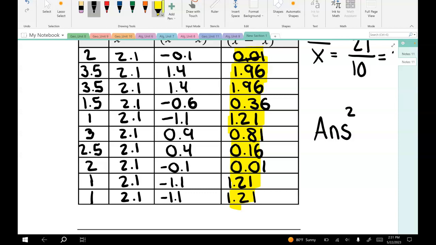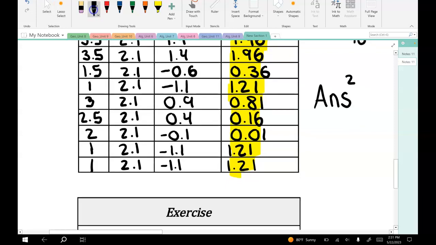So we're adding 0.01 plus 1.96 plus 1.96 plus 0.36, and so on. What I like to do to remind myself what I have to do is I'm finding the sum of all these numbers, I add like a little box underneath. So when I add all those up together, you'd get 8.9.